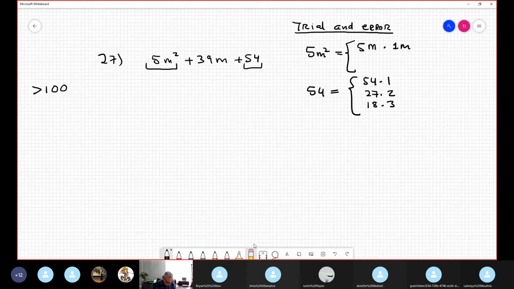Ah, no, it's decimal. By 4, no. 54 is divisible by 5? Ah, no, it's decimal. No good. And 54 is divisible by 6. Oh, and 9. Okay, so one combination is 9 and 6.